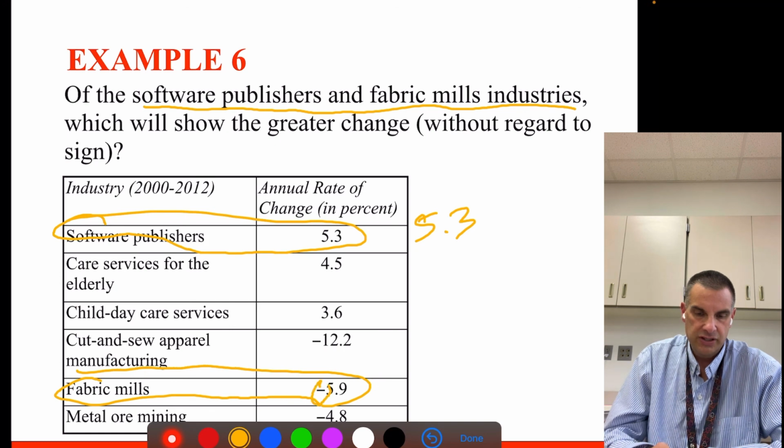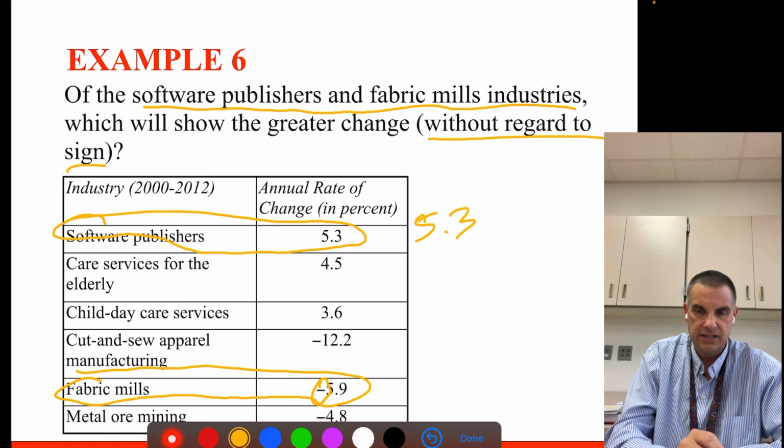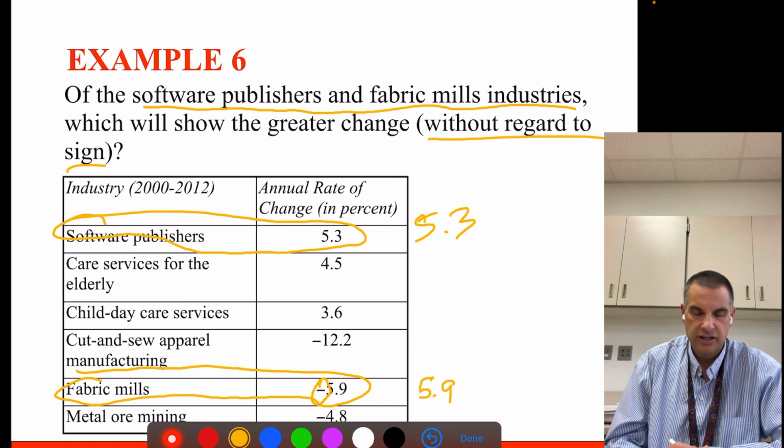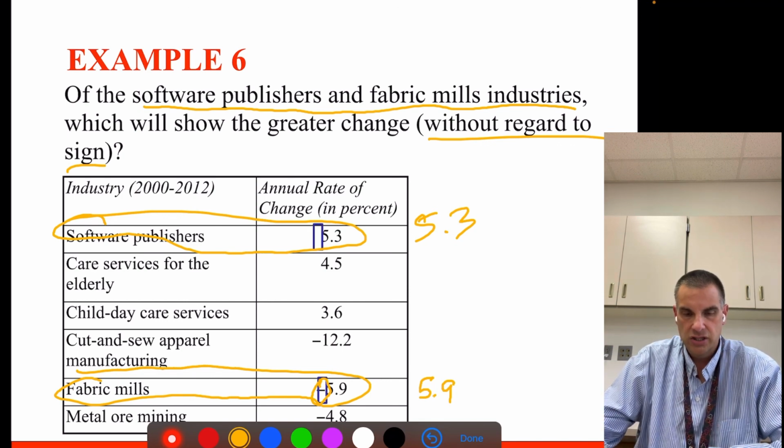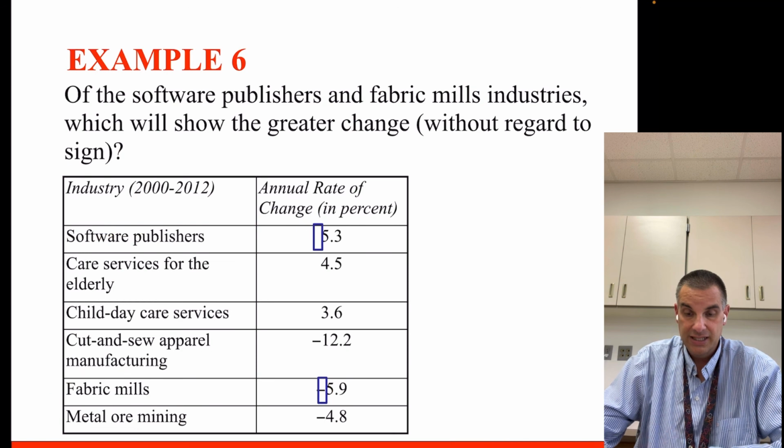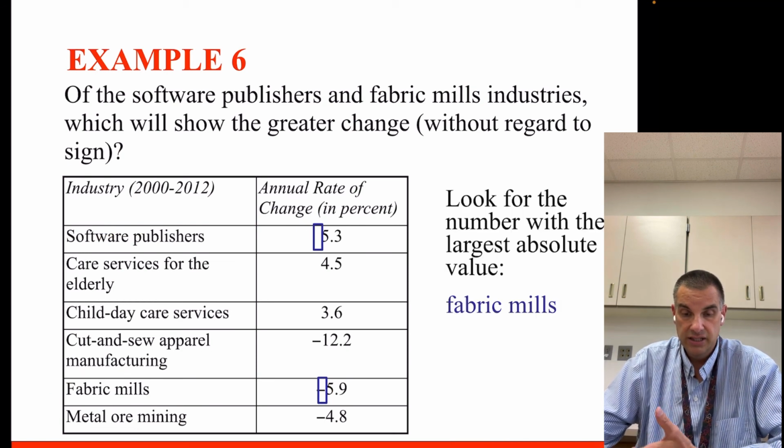Now the rate of change for this one says it's negative, but it tells us to go without regard to the sign. So the rate of change actually there is 5.9. So which one has the greater rate of change? That would be the fabric mills. It's negative, but it is a greater rate of change.